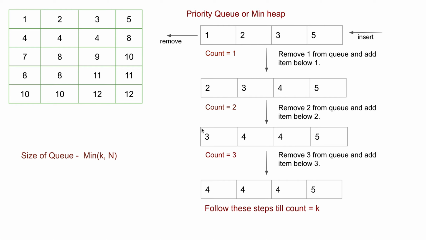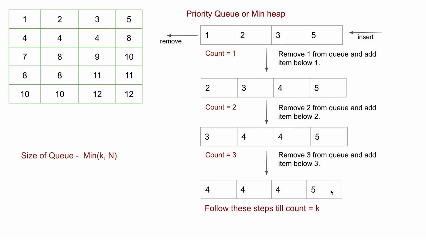Then in the next step, we'll remove 2 from the queue and add the element below 2 into our queue. So we have again added 4. Now in the next step, we'll remove 3 from the head of the queue and we'll again add 4 into our queue. So now after 4 steps, the elements in our queue are 4, 4, 4 and 5.